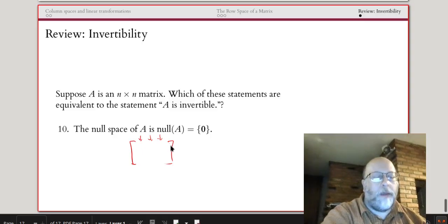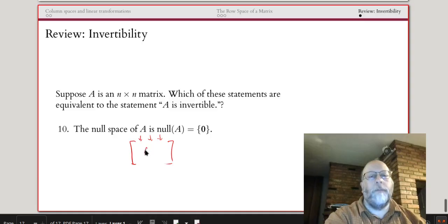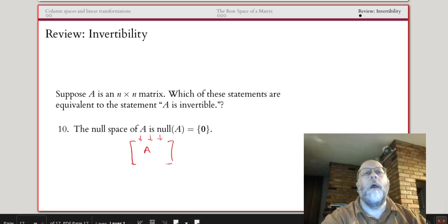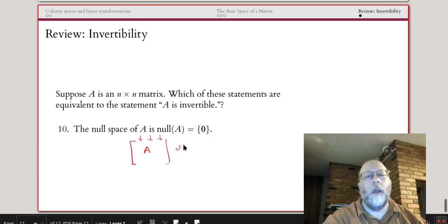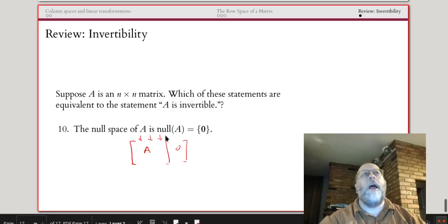So when I augment A with 0, and I row reduce, none of these columns will be free variables that I can put an S in front of or T in front of, and then have a vector that would contribute to my null space.